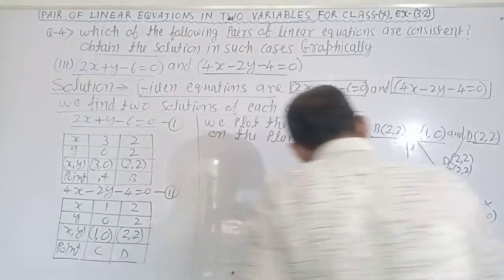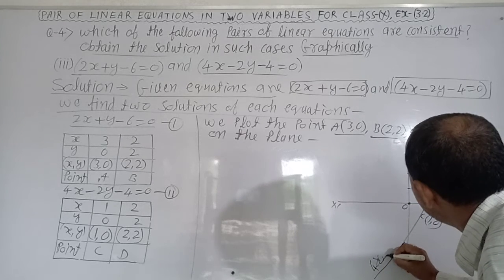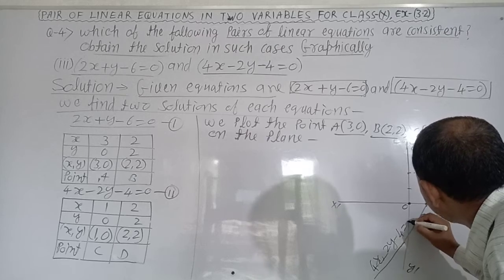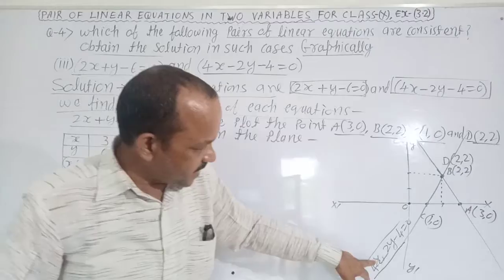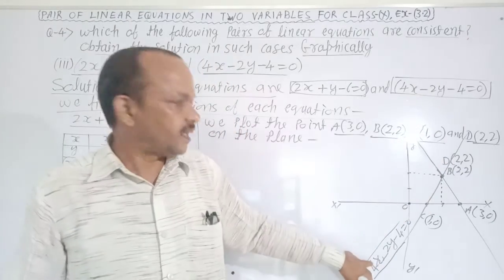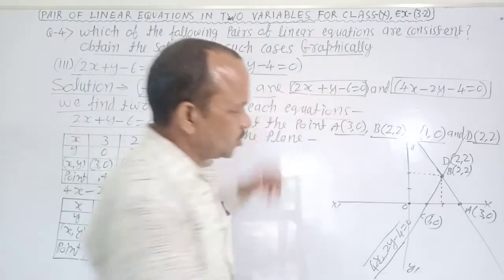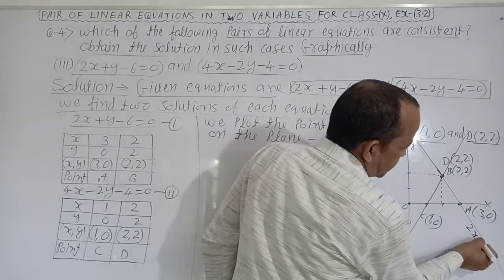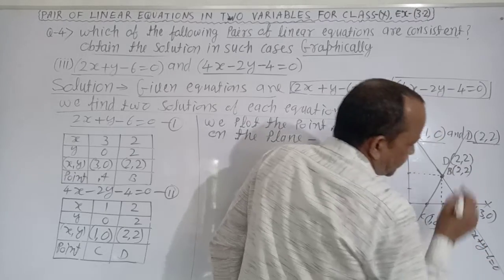Here it is according to equation second. Equation second is 4x minus 2y minus 4 equal to 0. This line is according to equation second, and this line is according to equation first, 2x plus y minus 6 equal to 0.